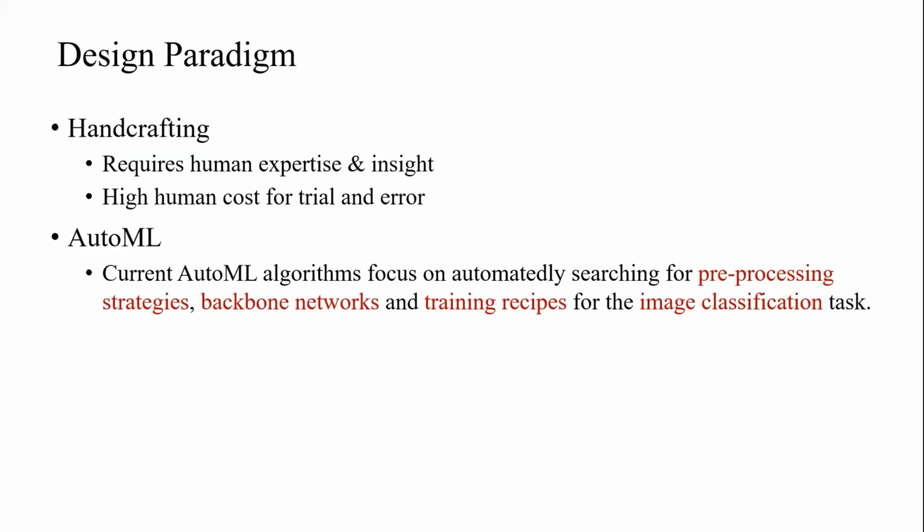As we can see, there are some drawbacks in the two kinds of design paradigms. The handcrafting approach requires expertise and high human cost, while current AutoML is restricted to some specific components of the deep learning training framework, and it is not generic to different tasks. So here comes the question: can we design the networks in a fully automated manner?